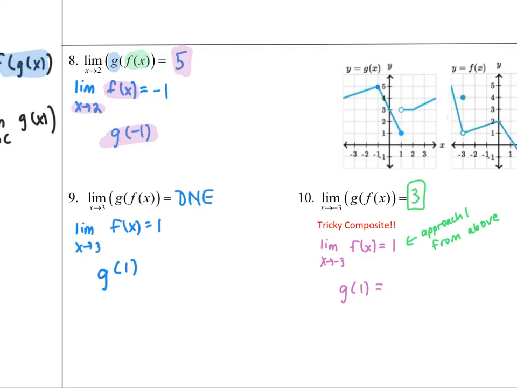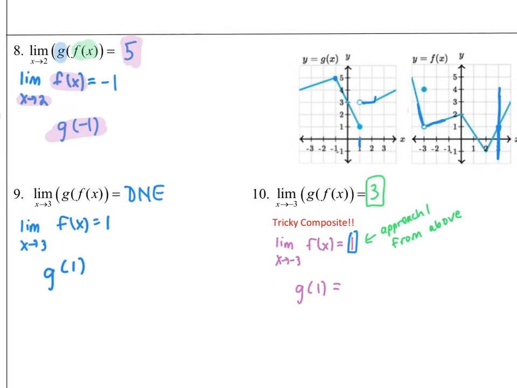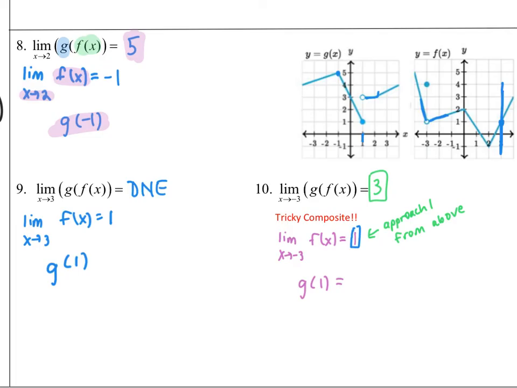Or when you're dealing with these composite functions, when you do this initial limit right here, if you're approaching that y value from the same direction, in this case from above, then when you evaluate, just approach that value on the other graph from that same direction. And if you're approaching that value from two different directions, from below and above, then that's when you go for a DNE as your answer.